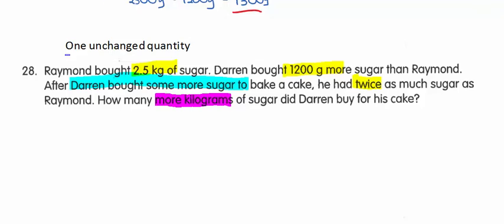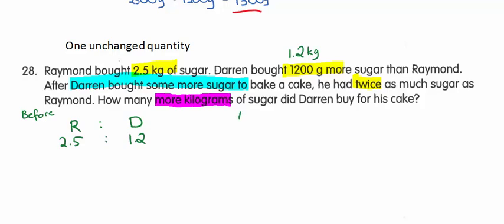So let's go. Now kilograms, so let me change all this to kilograms first. This is 1.2 kg. Okay, so I have Raymond is to Darren. So at first 2.5 and 1.2. Remember ratio has no units, so don't ever put units in.